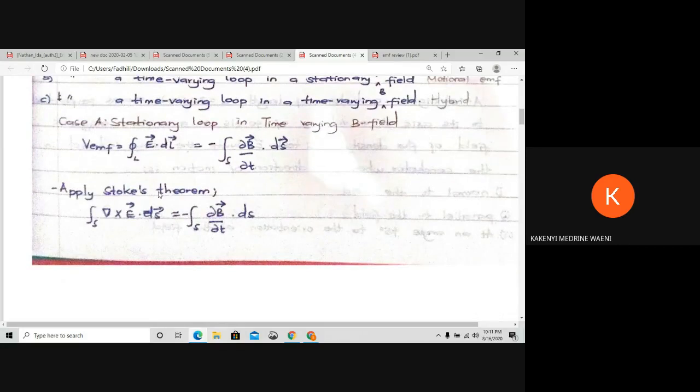So applying Stokes theorem. Stokes theorem, we had it in past time in math, which stated that if S is an open two-sided surface bounded by a closed non-intersecting curve, and A has continuous derivatives, then the line integral of A dr, which is E dl in this case, will be equal to the surface integral of the curl of E multiplied by a small change in S. So the line integral equals this.